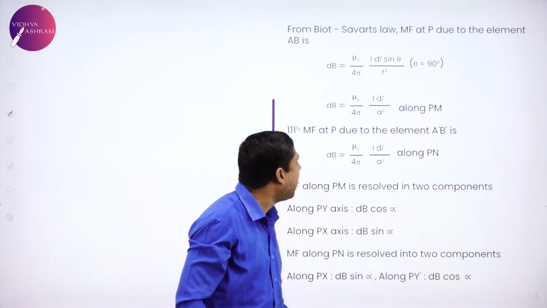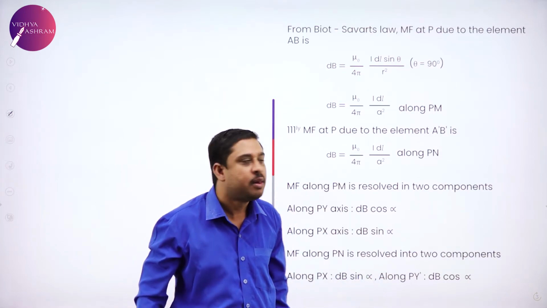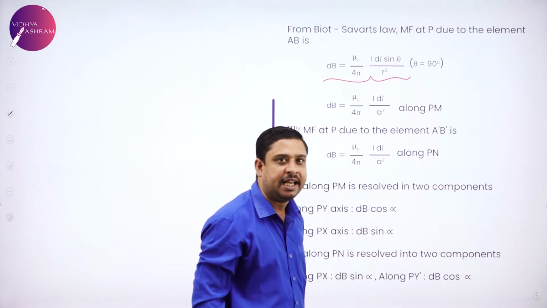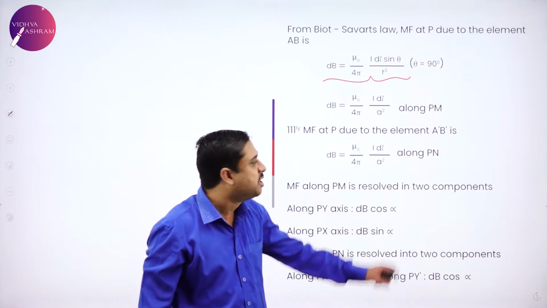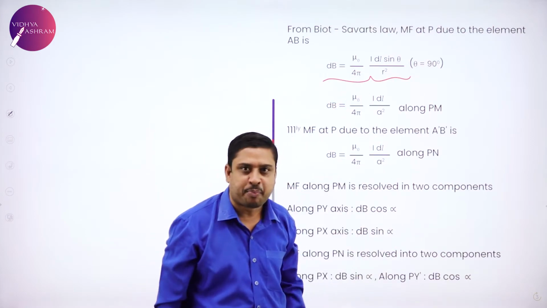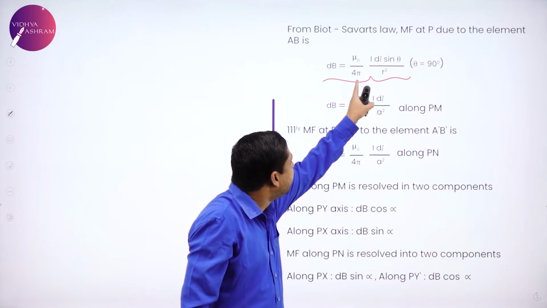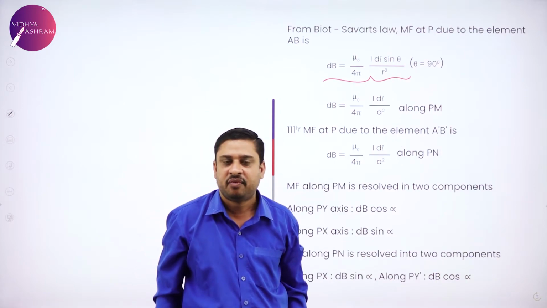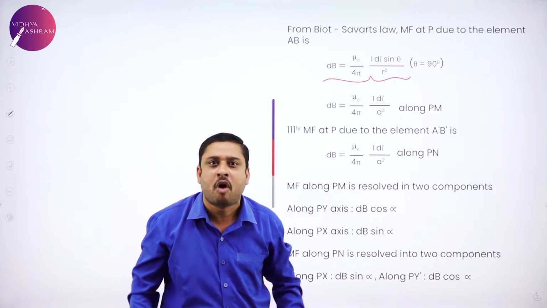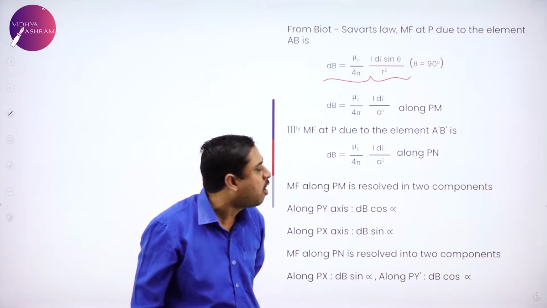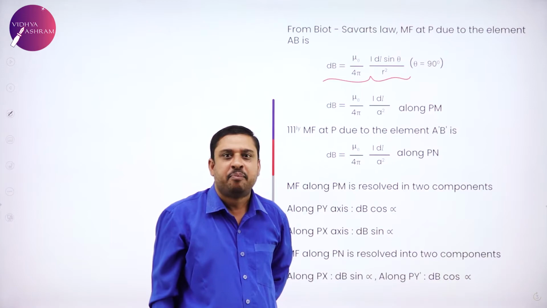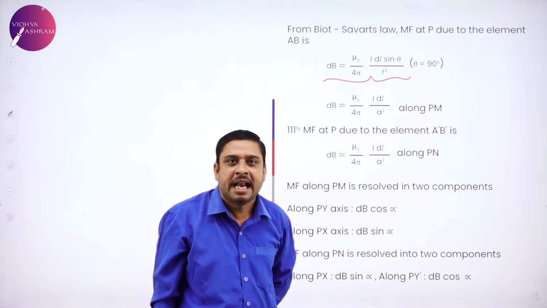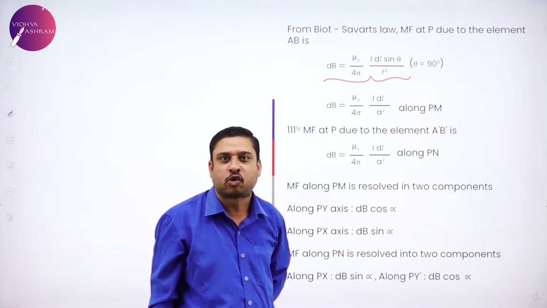How do I calculate that? Biot-Savart's law. We're generally told dB equals mu naught divided by 4 pi I dl sin theta divided by r square. That is the general form of Biot-Savart's law. dB equals mu naught divided by 4 pi I dl sin theta by r square.